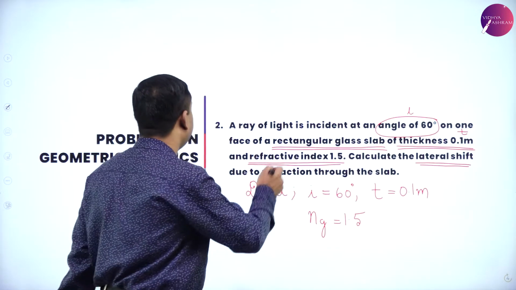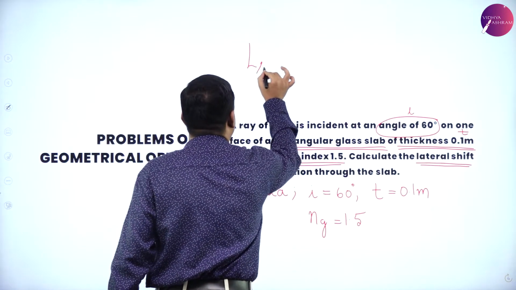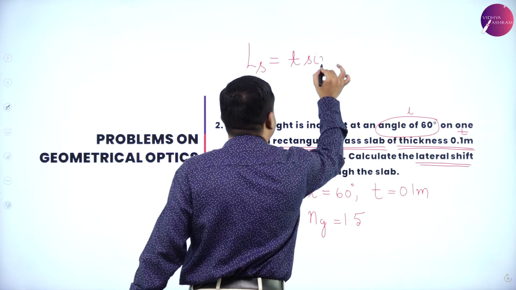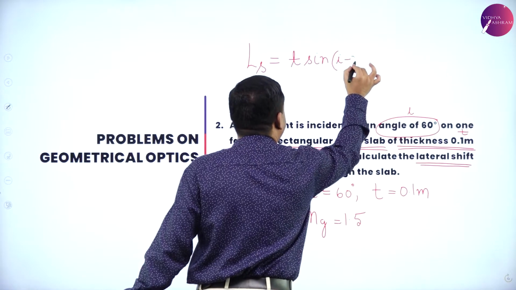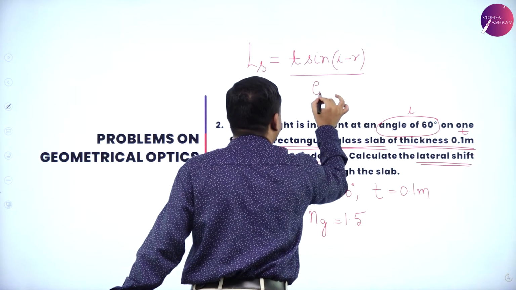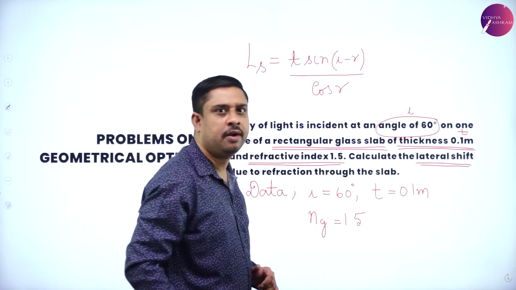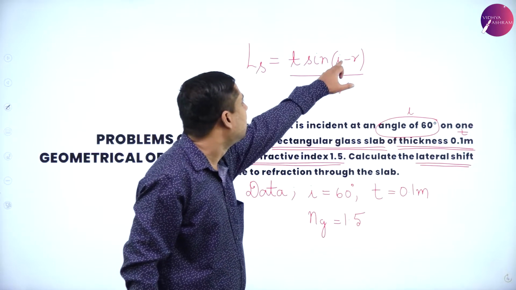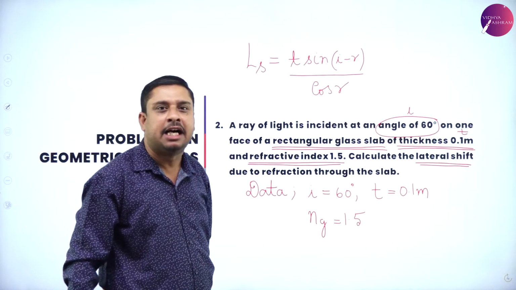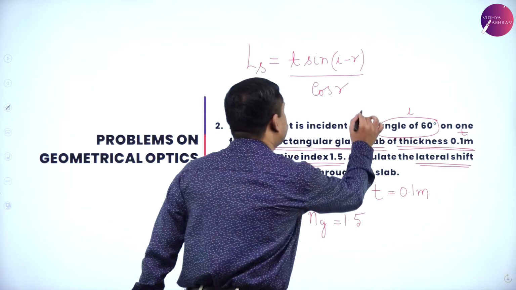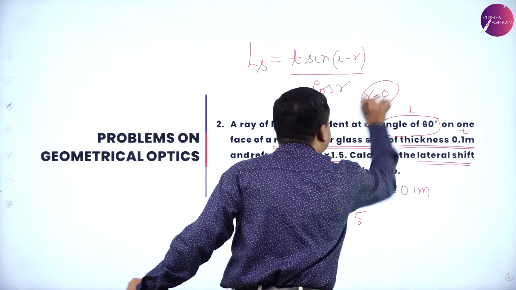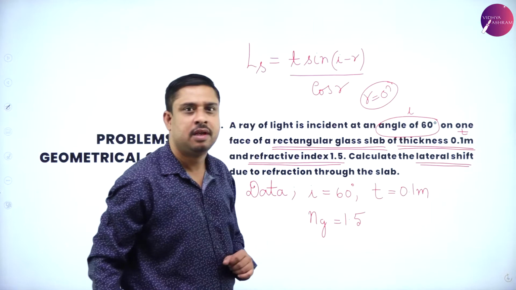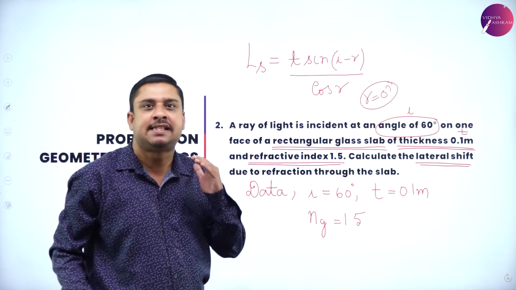Yes, we have lateral shift equals T sine (I minus R) by cos R, where again I is the angle of incidence, R is the angle of refraction, which means again the whole show here is to understand what is R. Again, angle of incidence is known.